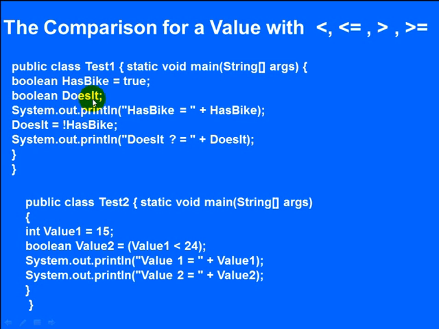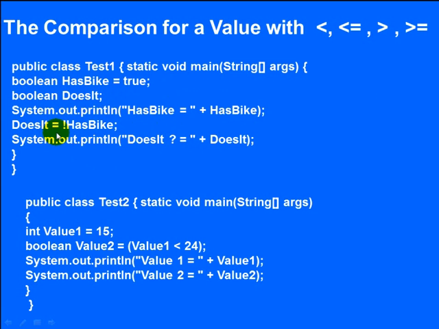We have one more variable, doesIt, again of data type boolean. It can also store either true or false. Now if we print hasBike, we have stored true, so hasBike equals true is printed when we execute this program.